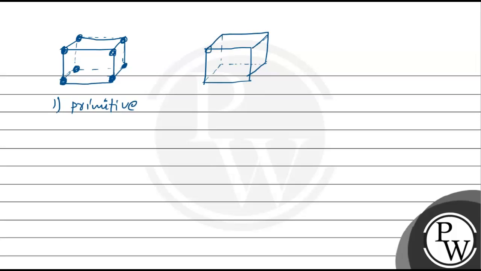Here these are the corner atoms, and here one atom is at the body center. So this is all about the second structure, that is body centered unit cell.